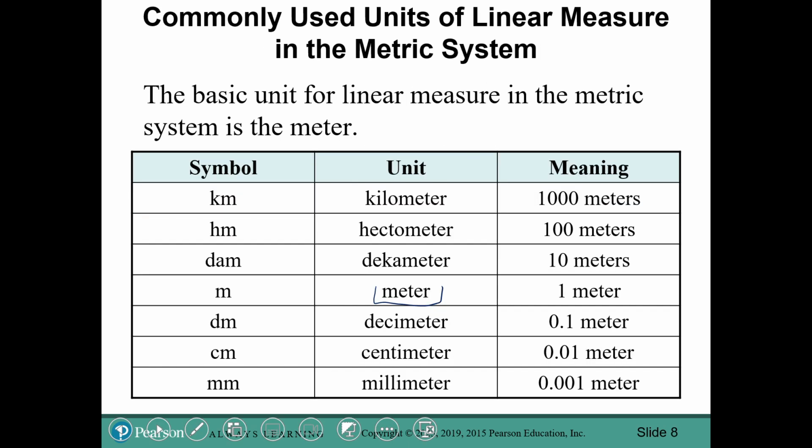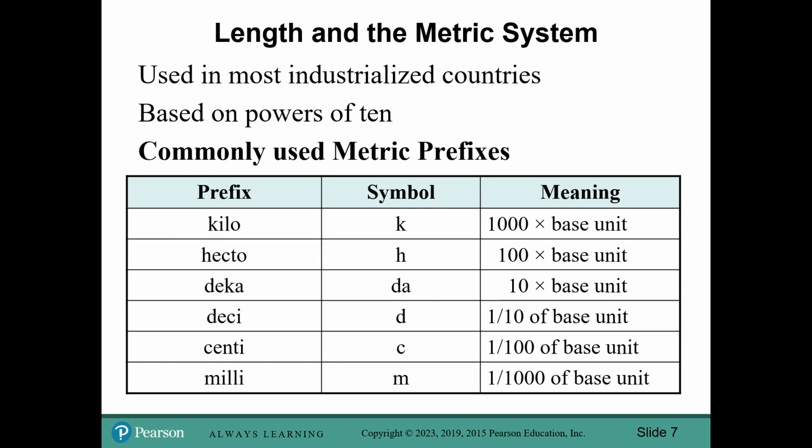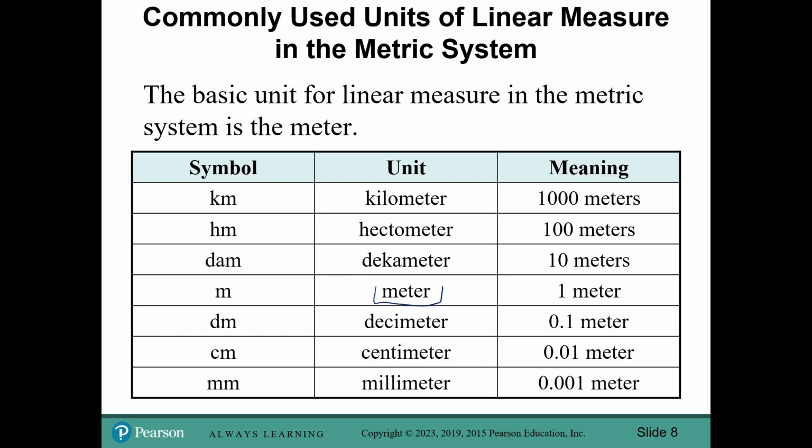I can attach those prefixes that we just discussed to the word meter. Now we will have our kilometers, our hectometers, our decameters, our meter, which is our base unit, our decimeter, our centimeter, and our millimeter.